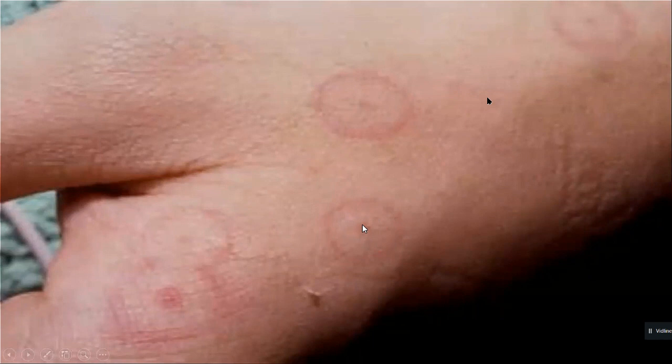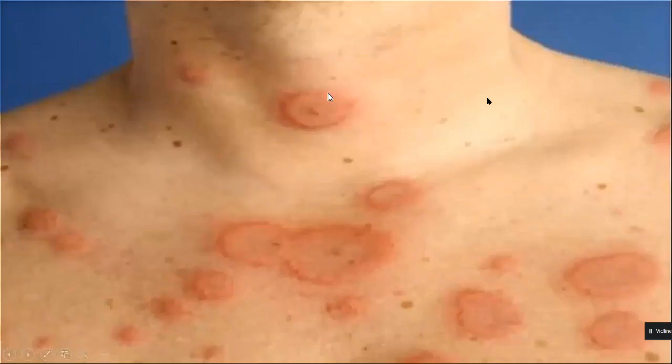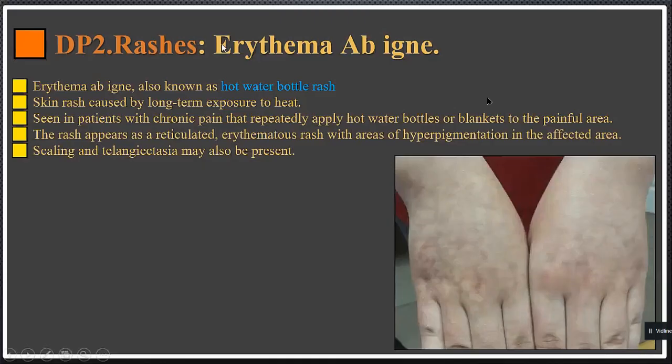So it's called a target lesion. And another image. If you search for images when you are studying, it will give you a clear idea about many shapes and images of different topics.